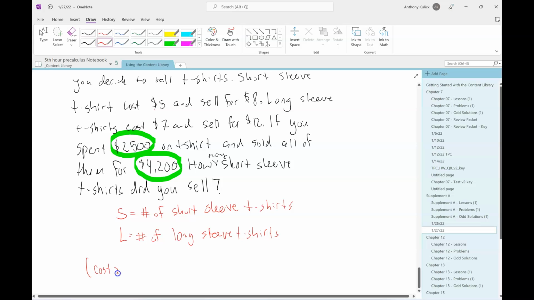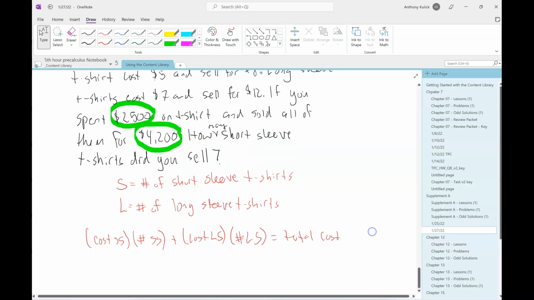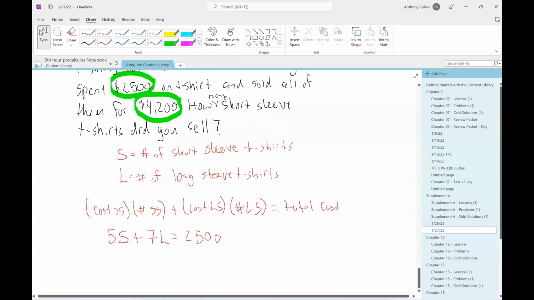Yeah, so just the cost of the short sleeves times the number of short sleeves plus the cost of the long sleeve times the number of long sleeves should give us our total cost. Or as Victoria said, 5S plus 7L should equal 2,500. Everybody okay with that?